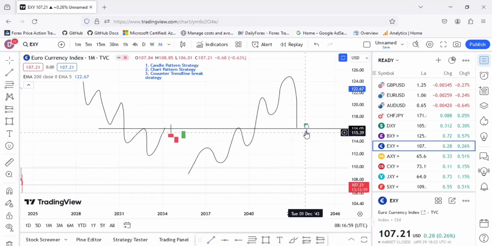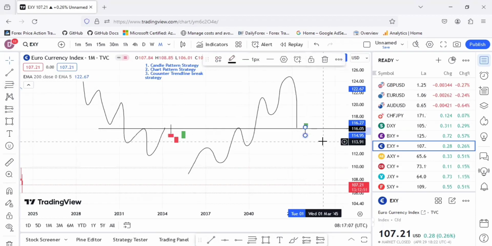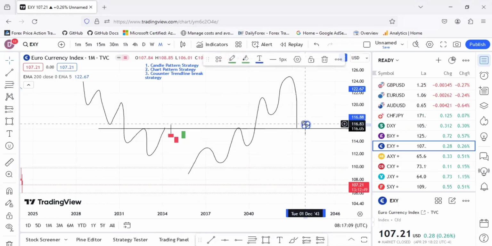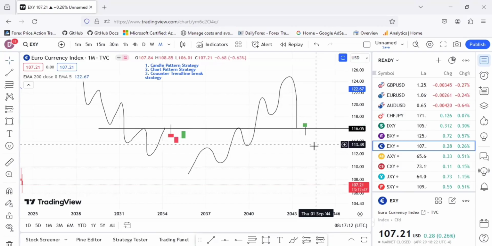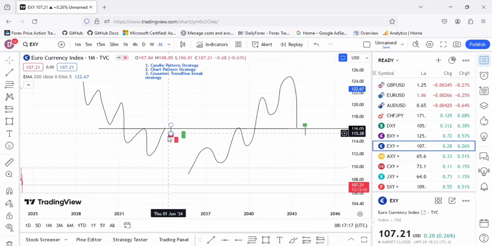So we have a bearish pin bar and we also have a bullish pin bar. This is a bearish pin bar we have seen here. This is a bullish pin bar.